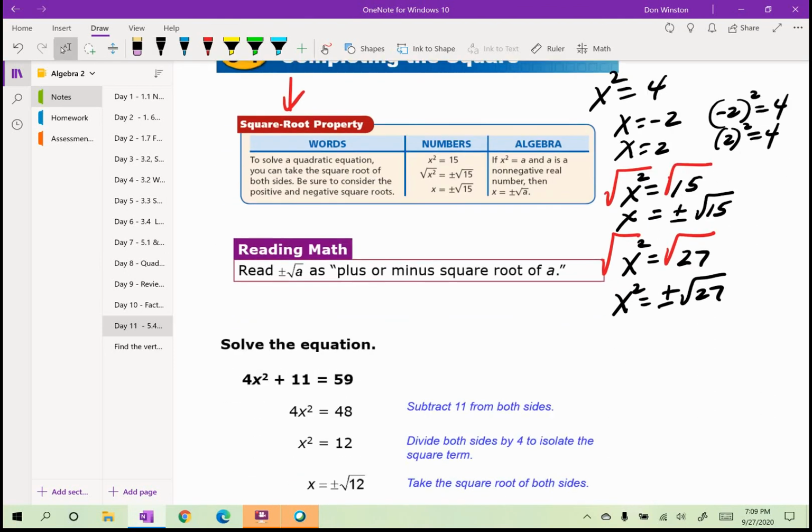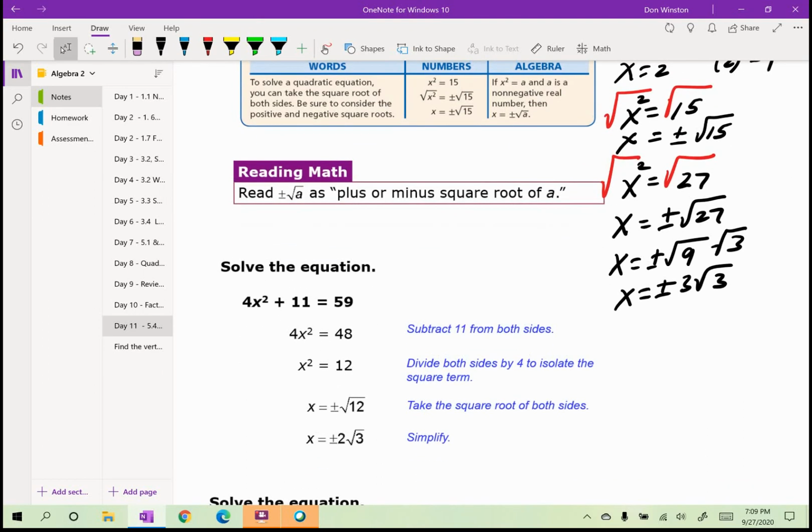Okay, so I forgot, I solved for x squared. X is equal to plus or minus root 27. So this would be x is equal to plus or minus root 9 times root 3. Well, we know that root 9 is 3, so the answer would be x is equal to plus or minus 3 root 3.